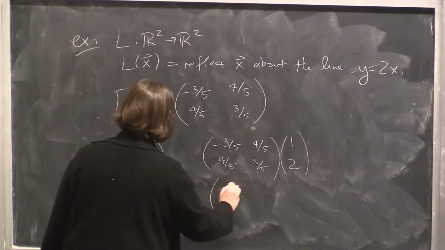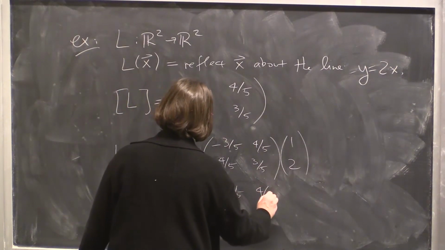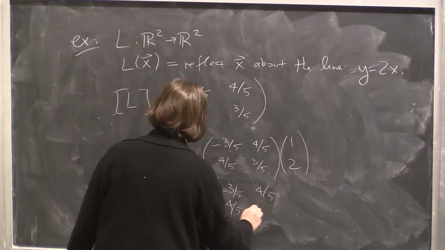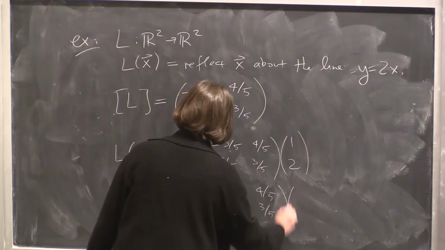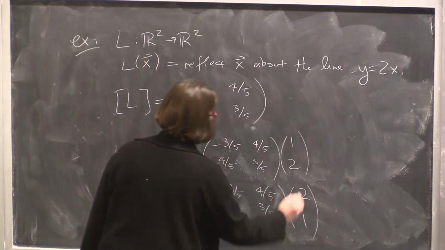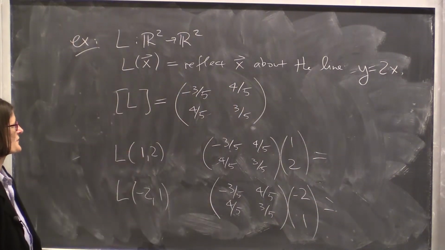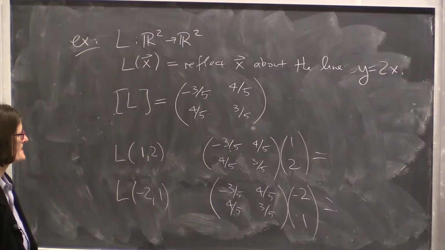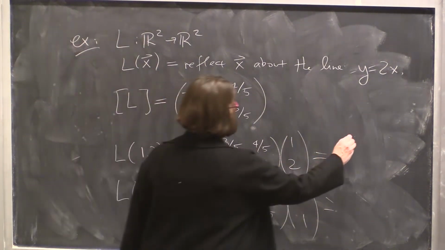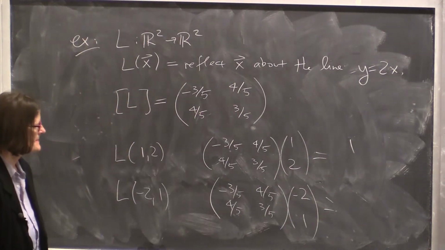And I would like the same matrix times (minus 2, 1). Okay, so what's the first product? What's the first entry on the right-hand side? 1. What's the second entry?